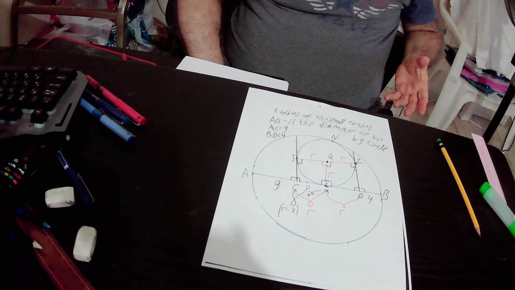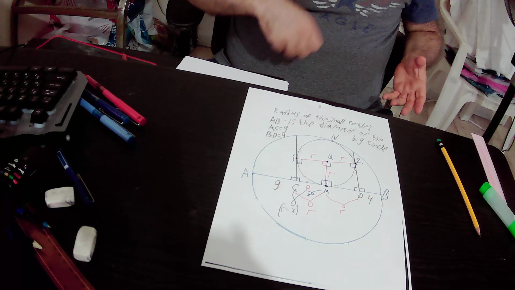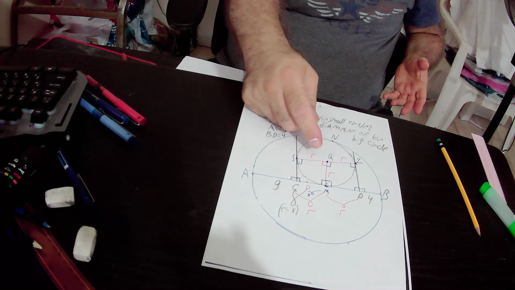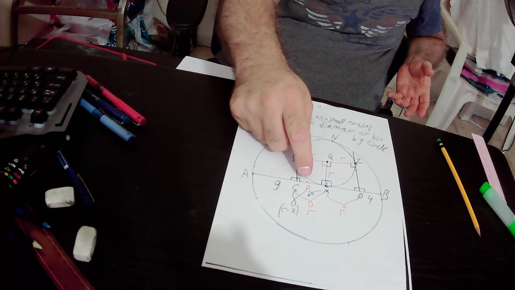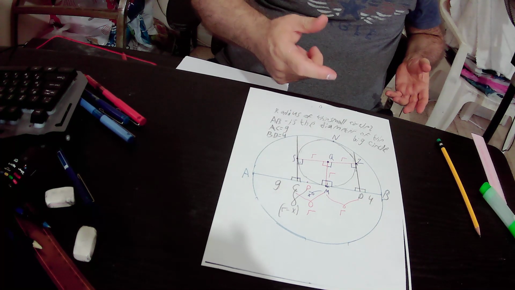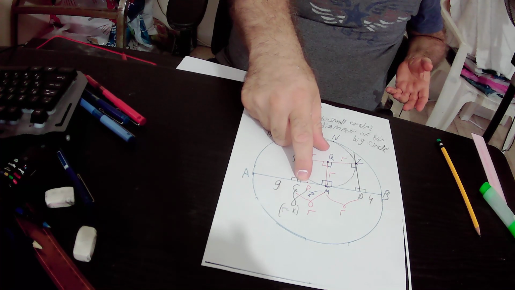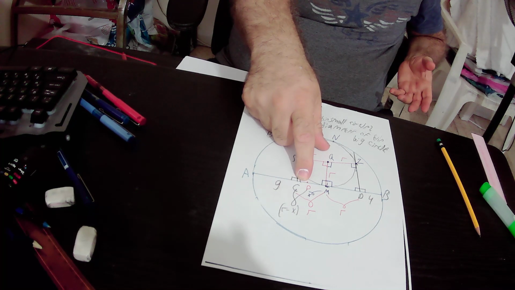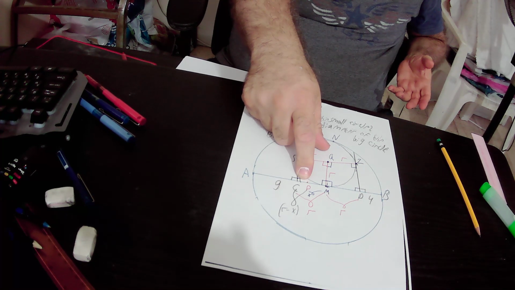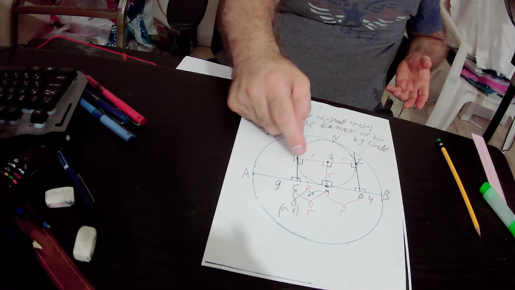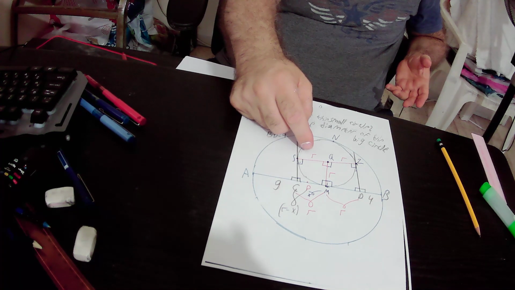According to rule number 5, the distance between their centers, we know that the center of the small circle is at point Q and the center of the big circle is at point P. So the distance between the centers is QP. So QP equals, according to rule number 5, the difference between the lengths of their radiuses. The radius of the big circle is capital R and the radius of the small circle is small r.